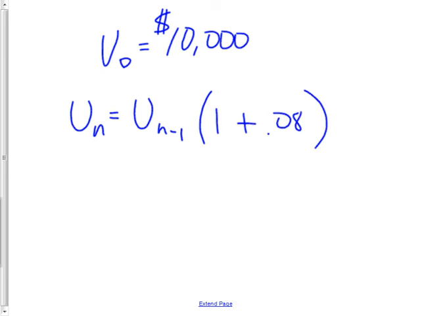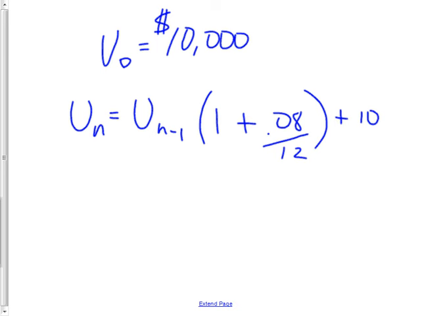Now, the only reason they don't pay you 8% every month. So if we're going to start doing something monthly, we've got to put it divided by 12. We're going to do something monthly. We're going to add to the money Great Aunt Tilly gave us. Let's say you feel like, you know what, I can actually afford to save $10 a month. You're a high school kid, so you don't have tons of money. There we go. That's what you do to add $10 a month to your investment.